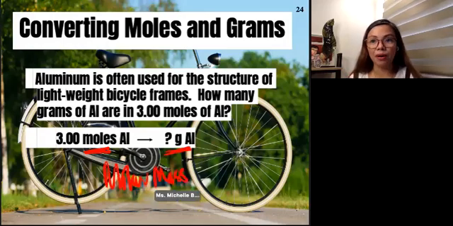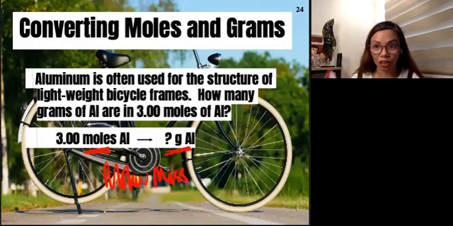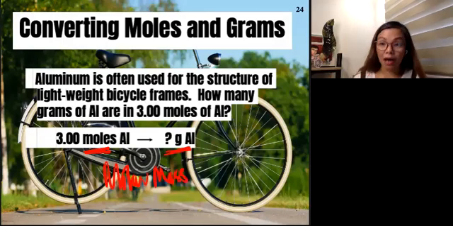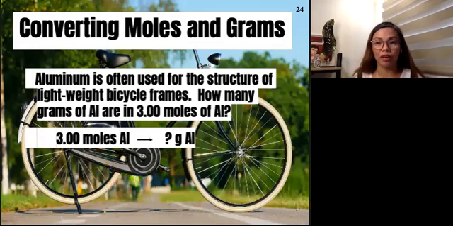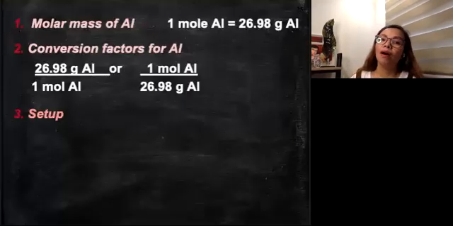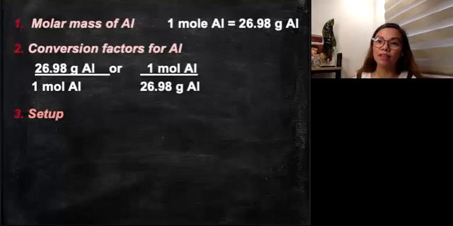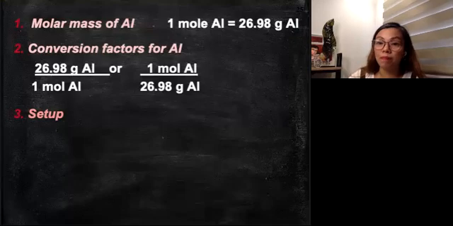In my previous video, I had given you a discussion on molar mass. I hope you are keeping track with this tutorial. Now, let's have the molar mass of aluminum, which is taken from the periodic table.